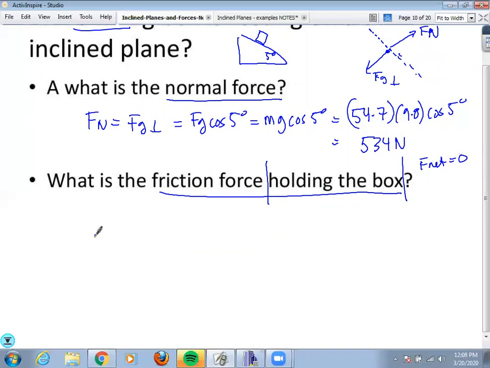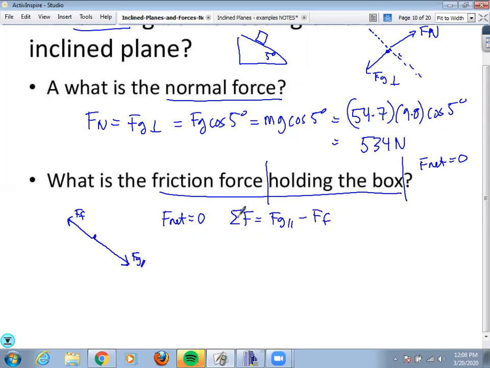So if we look at our FBD for this question, what's pulling the box down the plane is Fg parallel. So what's holding it back would be force of friction. So F net is 0. Okay, and we write an F net statement, the sum of forces would equal Fg parallel minus force of friction, which is opposite.